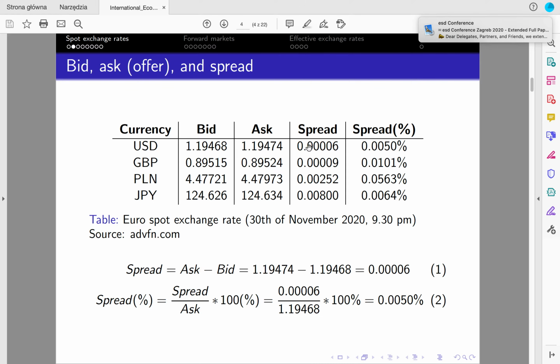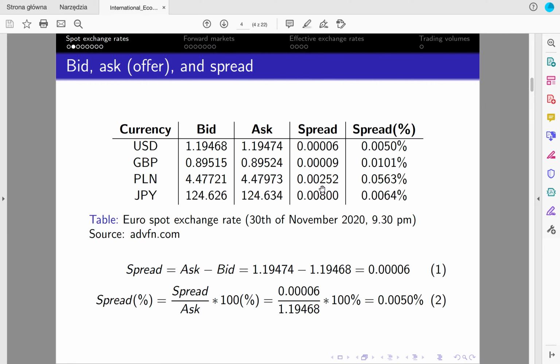Now, why are spreads so small? Look, if spreads were big, it would mean that you can make arbitrage to make some money. You could buy currency at one place, exchange it in another, and make a profit because of it. So generally, spreads are very, very thin, and the rule is the more the two currencies are traded, the lower the spread.